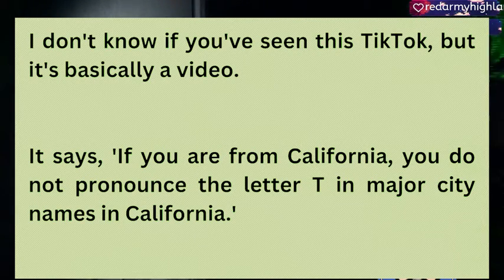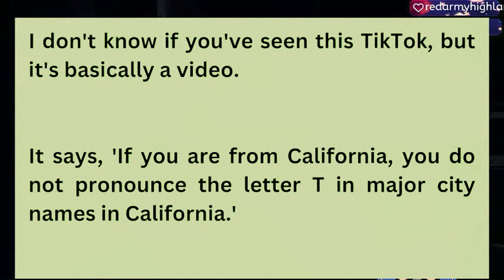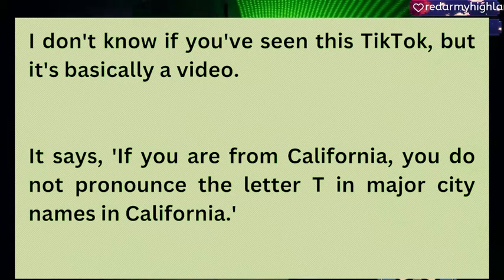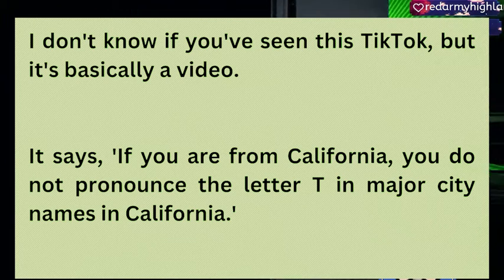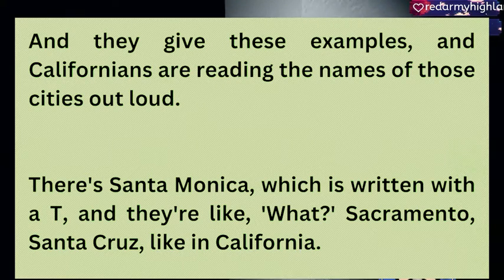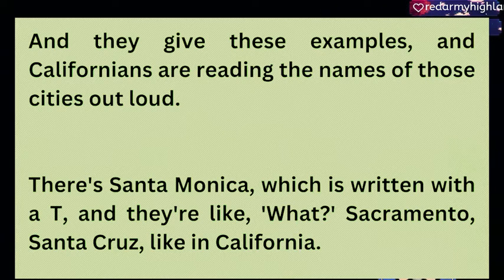I don't know if you've seen this TikTok, but it's basically a video. It says, if you are from California, you do not pronounce the letter T in major city names in California. And they give these examples, and Californians are reading the names of those cities out loud. There's Santa Monica, which is written with a T, and they're like, what?